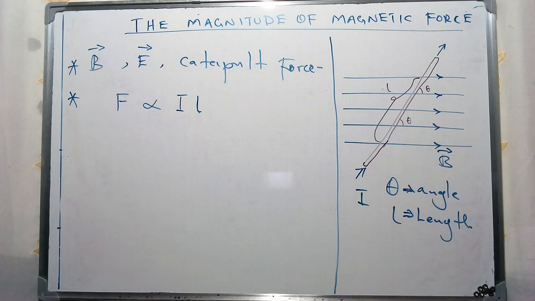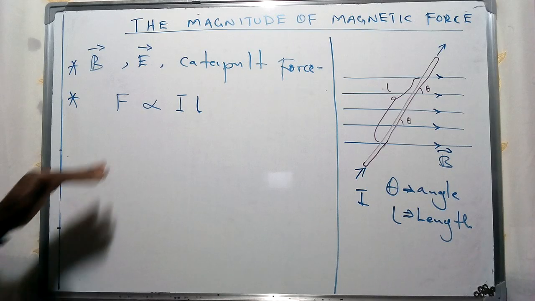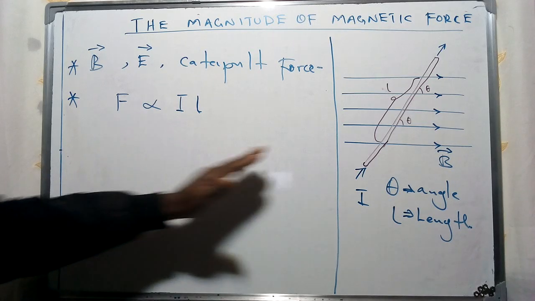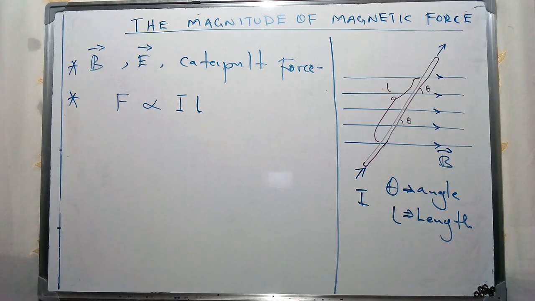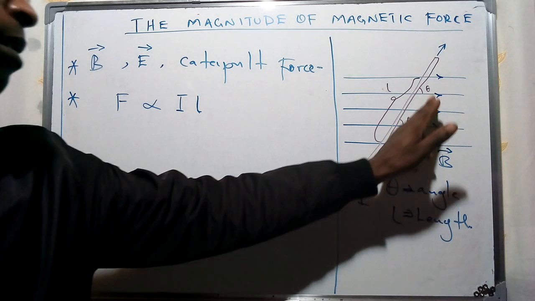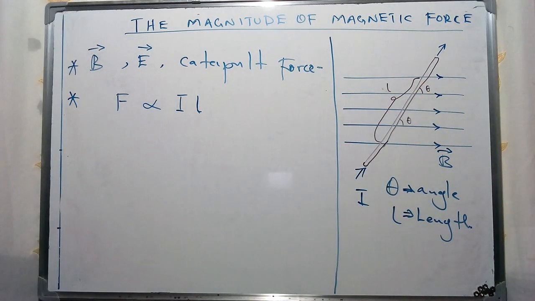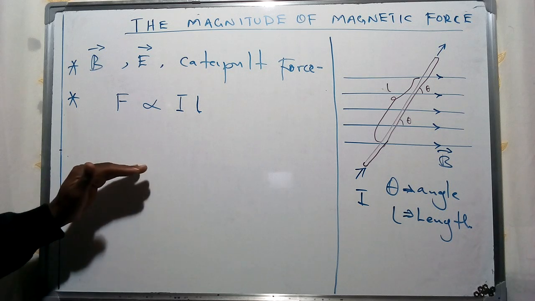Also, we're going to see that the force depends on the angle between the direction of the current, shown using this specific direction, and the field. I've given this angle as theta.